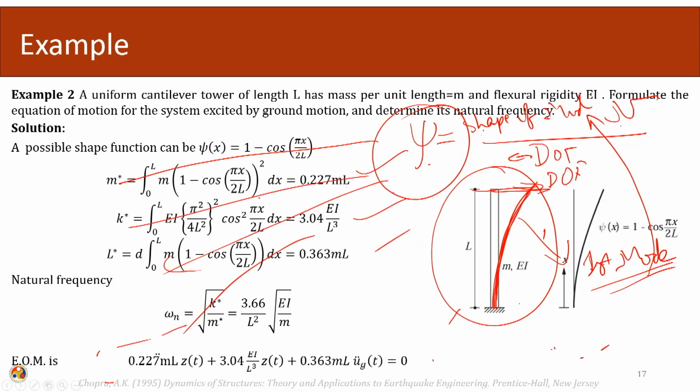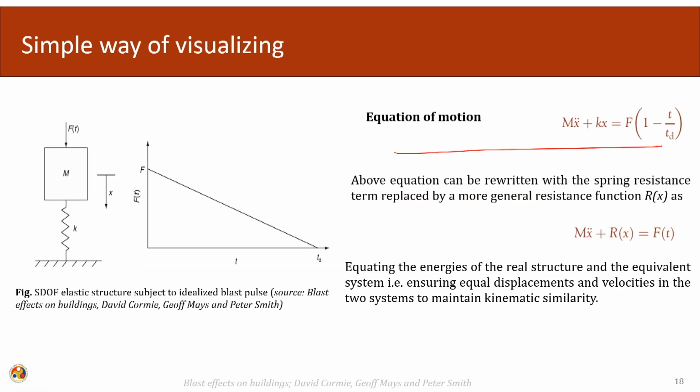So, for any physical system, for doing a single degree of freedom analysis, we choose the degree of freedom. Degree of freedom we can choose at any point, and then depending upon the configuration of the structure, cantilever, simply supported, fixed, we choose the required mode.